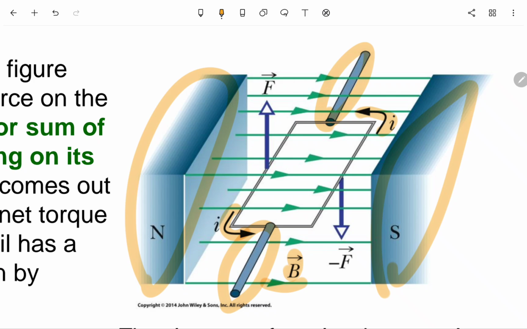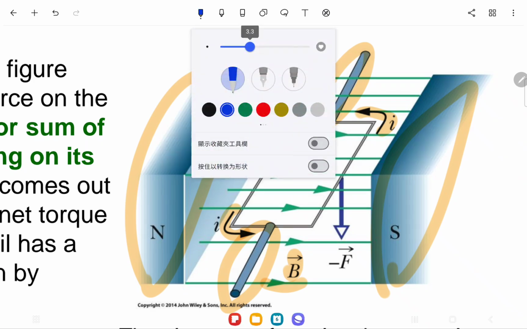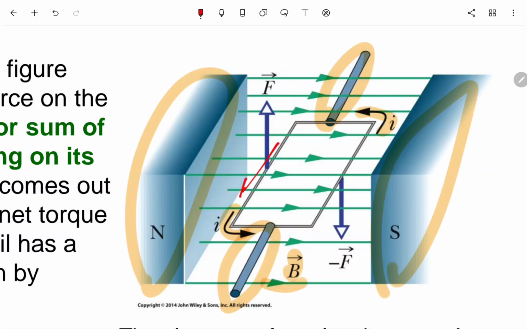So let's say for this wire, the current is in this direction, which means L is also in the same direction. The B field here, we assume it is pointing to the right side. So L is pointing out of the page and then crossing to the right side, so your thumb is pointing upward.